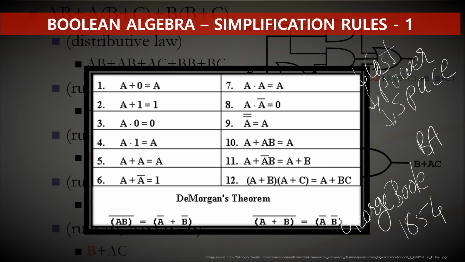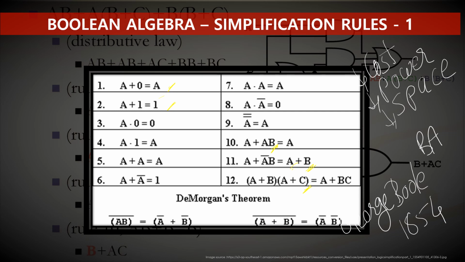But you have to remember all these rules, like A plus 0 is equal to A, then A plus 1 is equal to 1. In all the rules, remember one thing: this A value or B value or C value can be any value.